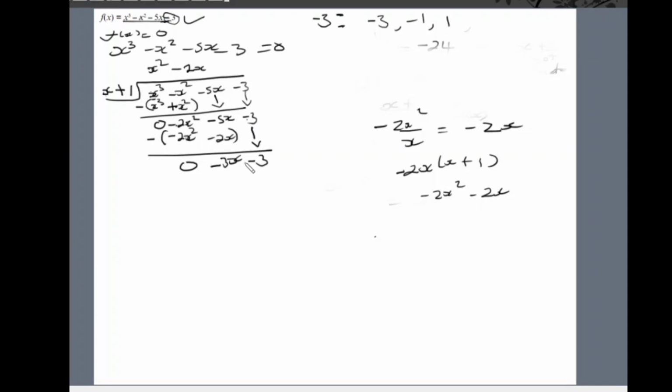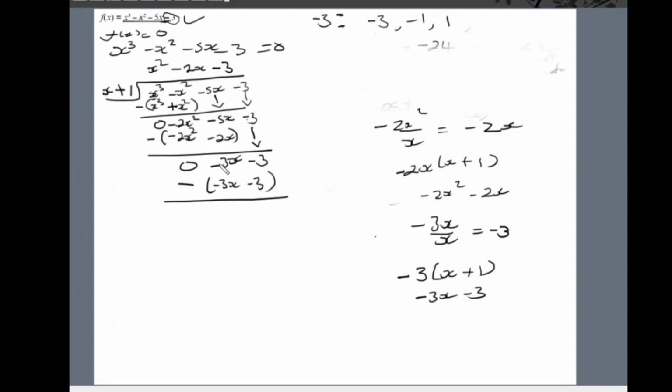Okay, and then now I'll divide minus 3x by x, which will give me minus 3. So I'll put that minus 3 up there, and then I'll multiply x plus 1 with minus 3. I'll have minus 3x minus 3. And then I'll take that out. And then now minus 3x plus 3x will be 0, minus 3 plus 3 will be 0.